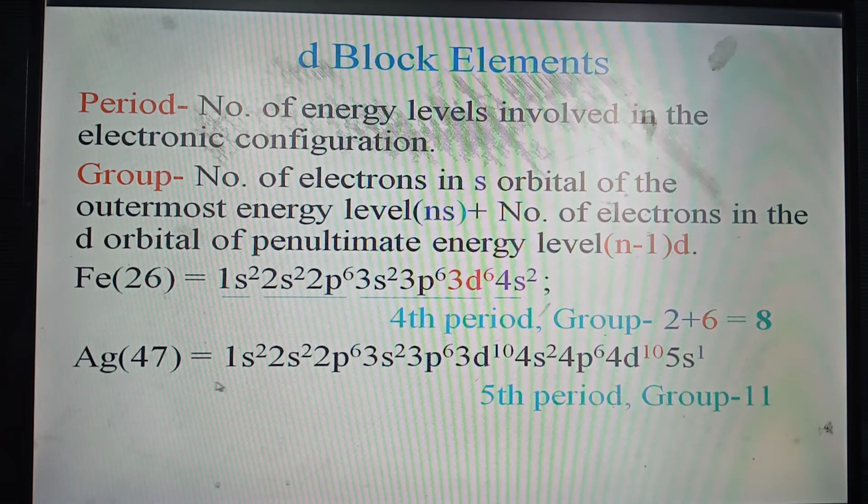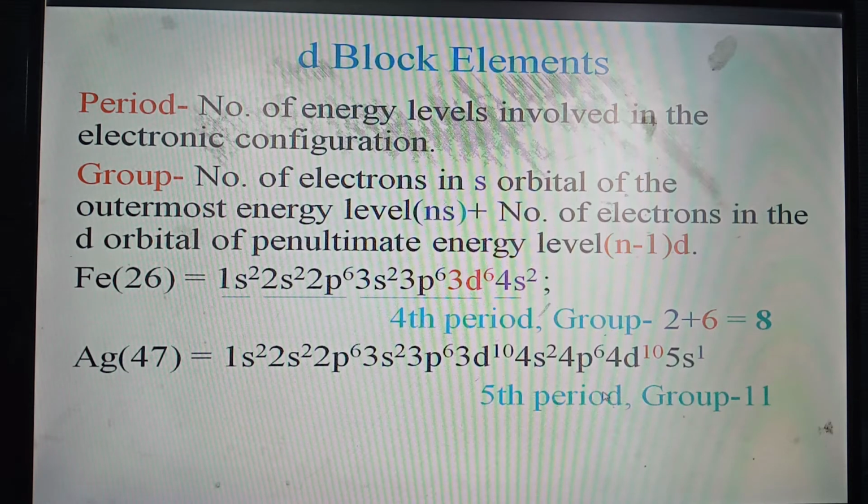silver. The electronic configuration shows that it's a d block element because the last electron enters 4d according to the above principle. It involves 5 energy levels, so it is placed in the 5th period of the periodic table.